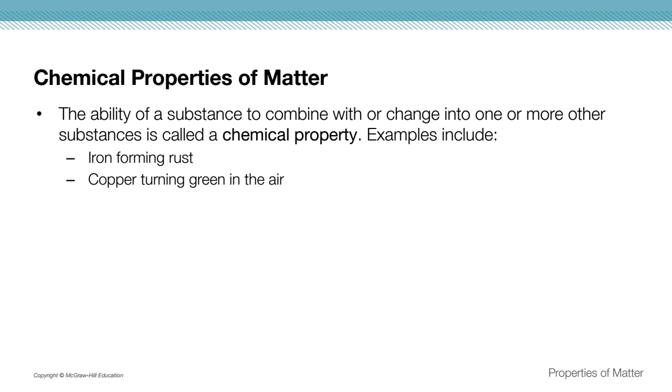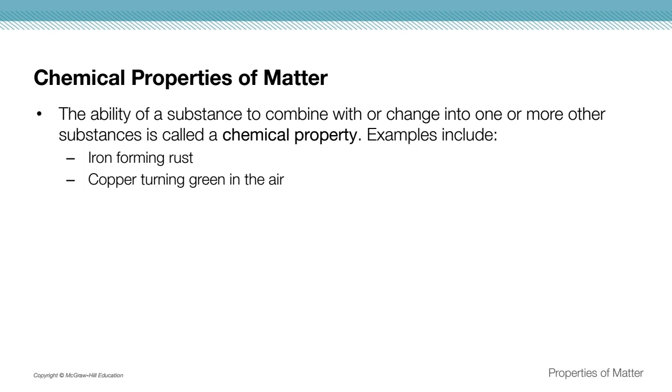So now I'm getting into chemical properties. So chemical properties are a little different than physical because they actually do create a new substance. So when you combine something or change it into another substance, the properties or the characteristics that describe how it combines are called your chemical properties.